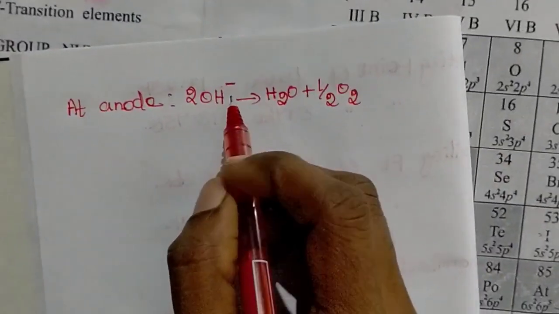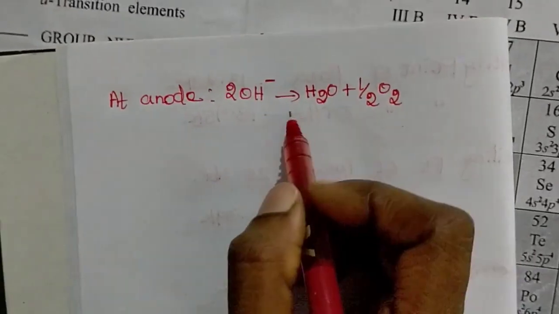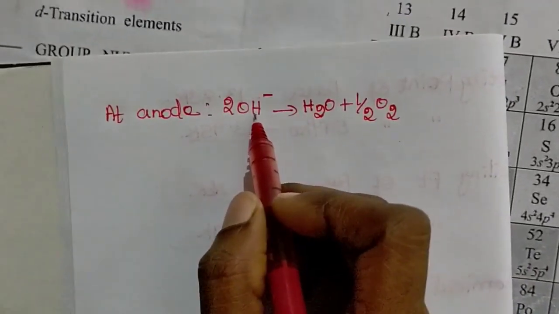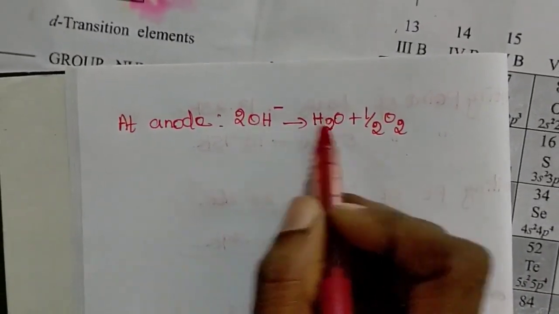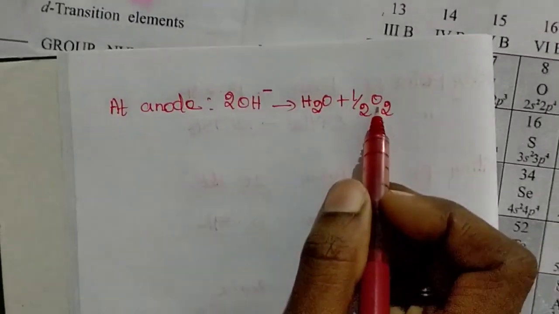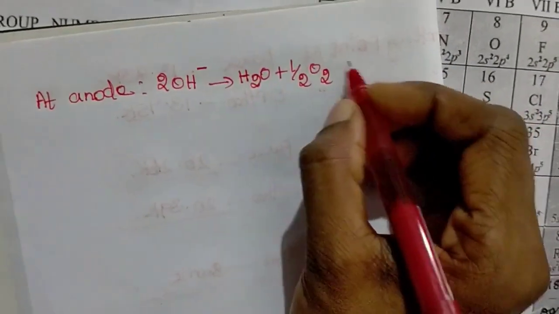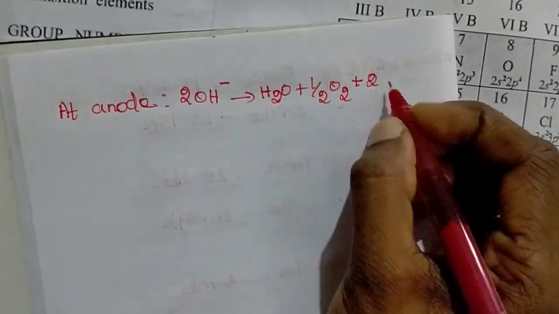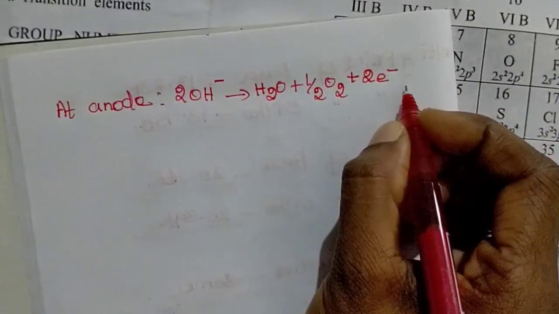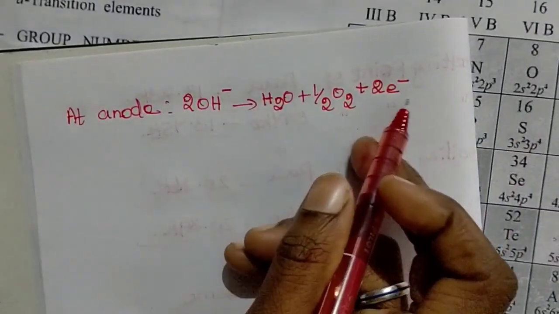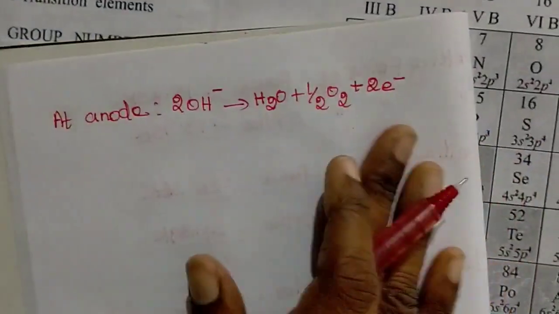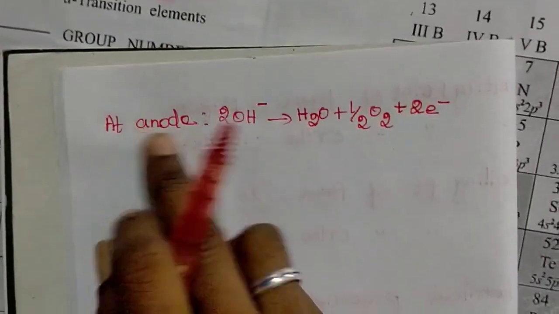Because 2OH minus is present, it converts into H2O and half O2, and it releases 2 electrons at the anode.